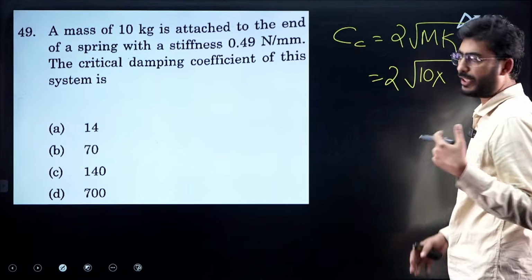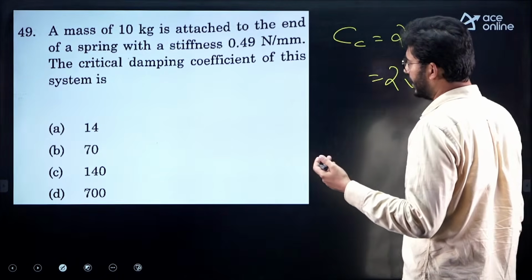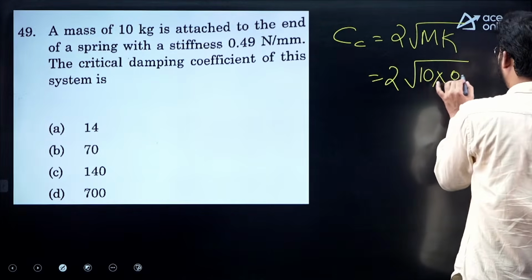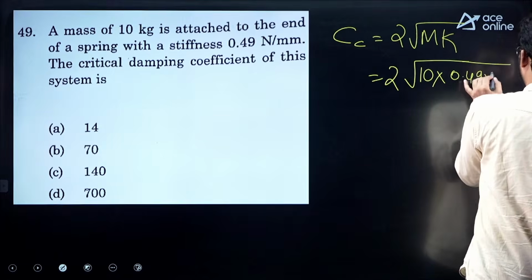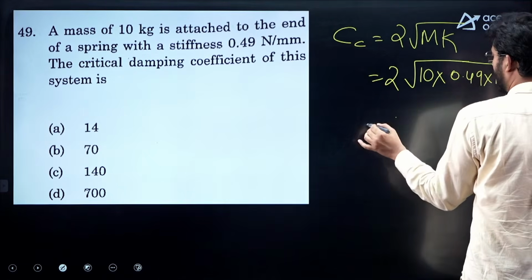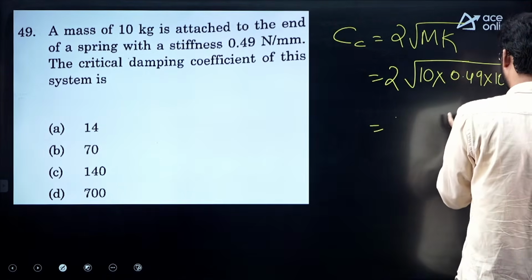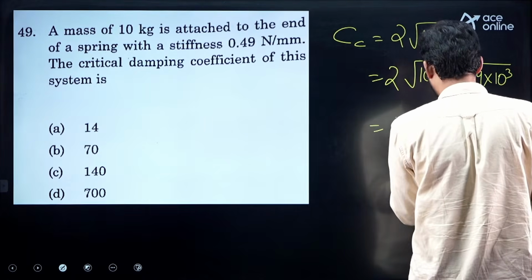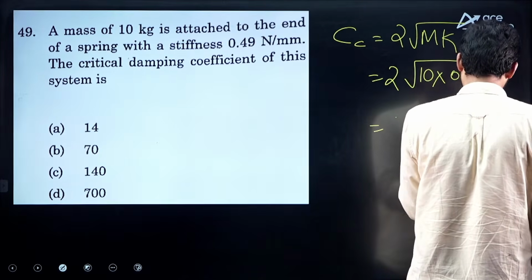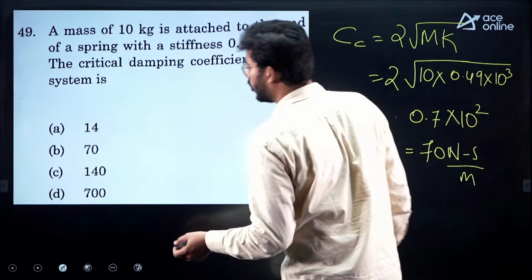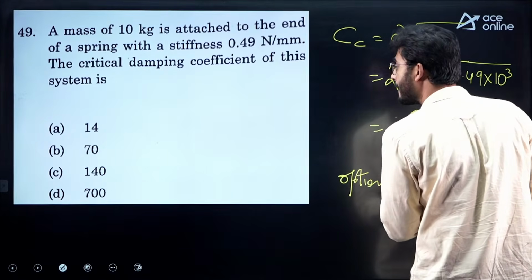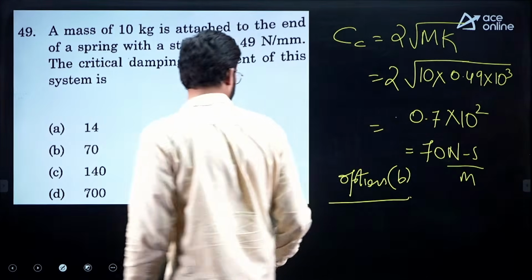If we convert that into meters, we should divide by 10 power minus 3, which is multiplication with 10 power 3. So this comes out to be root of 10 power 4 is 10 square and 0.49 under root is 0.7, and this is equal to 70 Newton second per meter. That's option B is the answer.